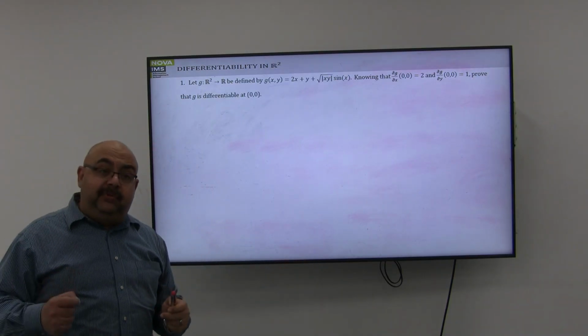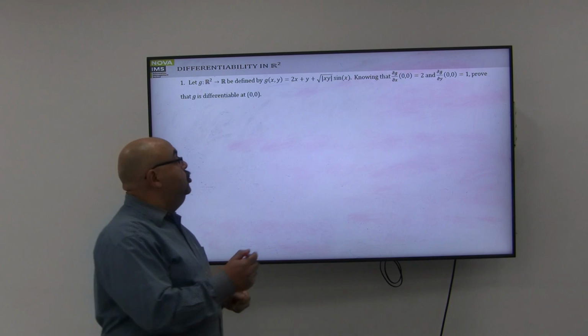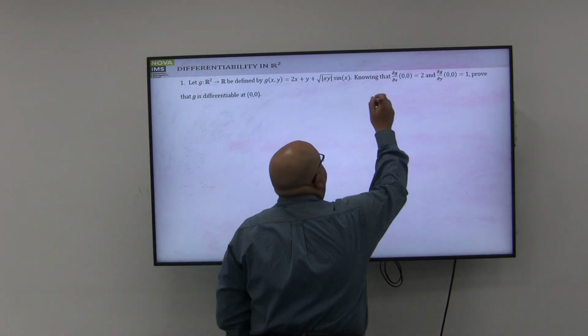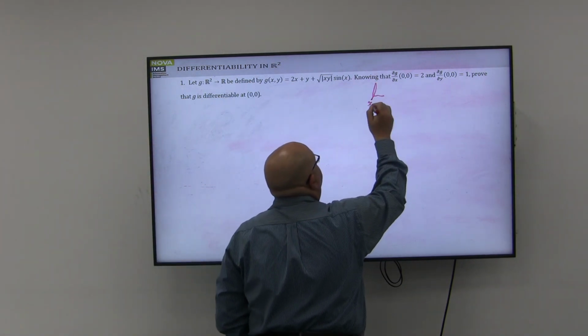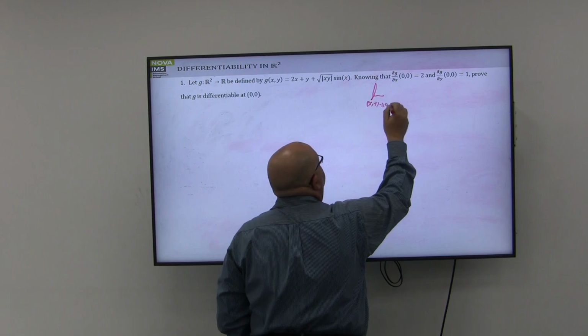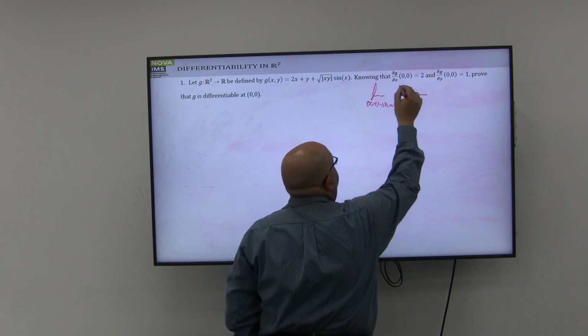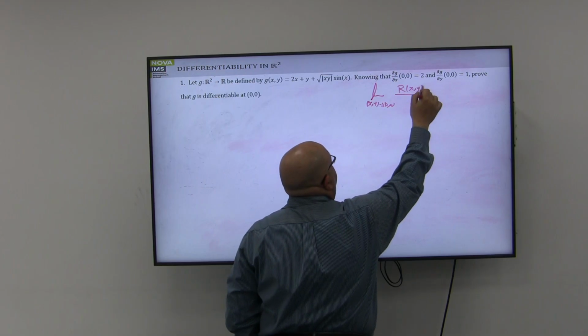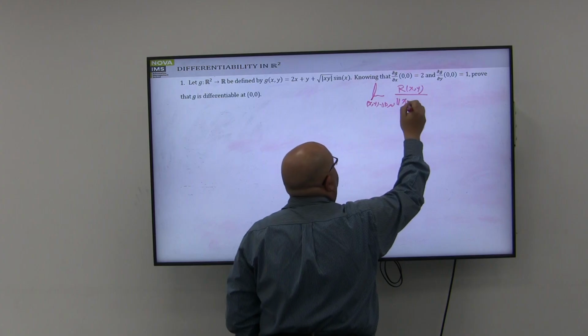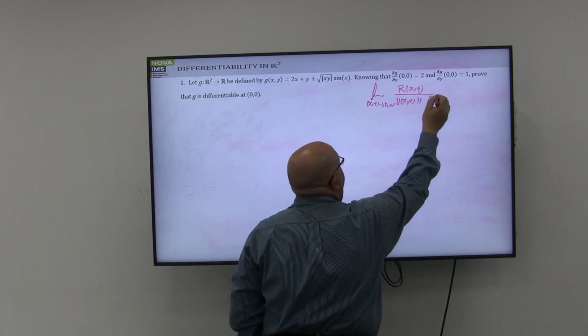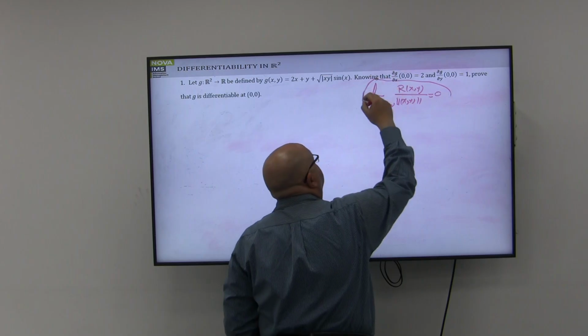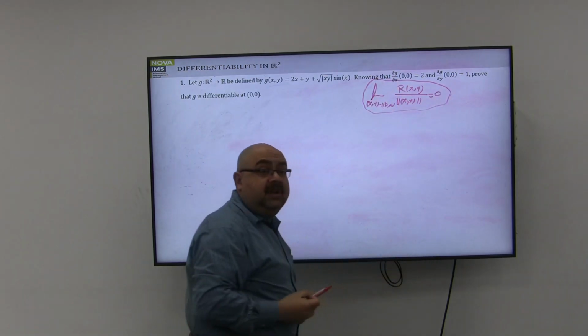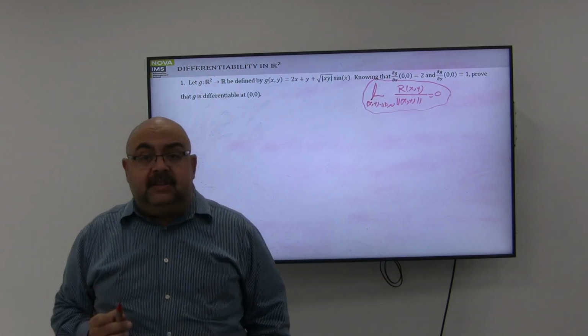In order to prove the differentiability, as I told you, I will have to prove that the limit as x and y tend to 0 and 0 of the remainder R of x and y over the norm of x and y equals 0.